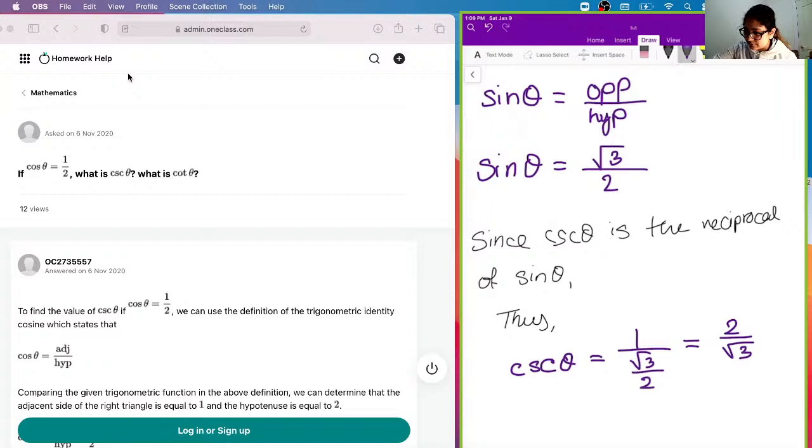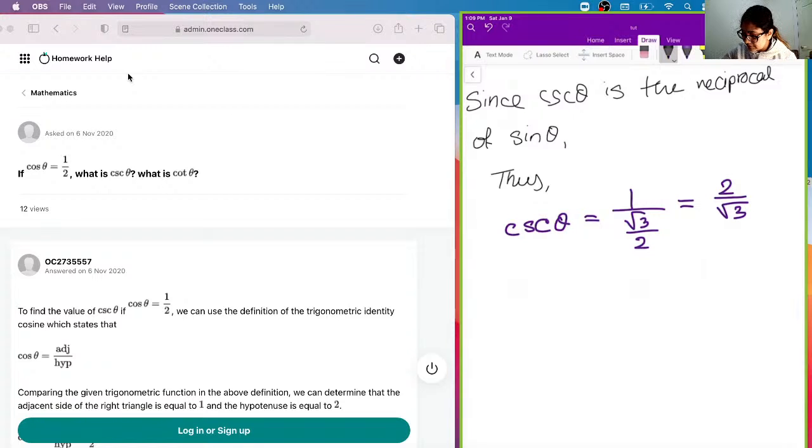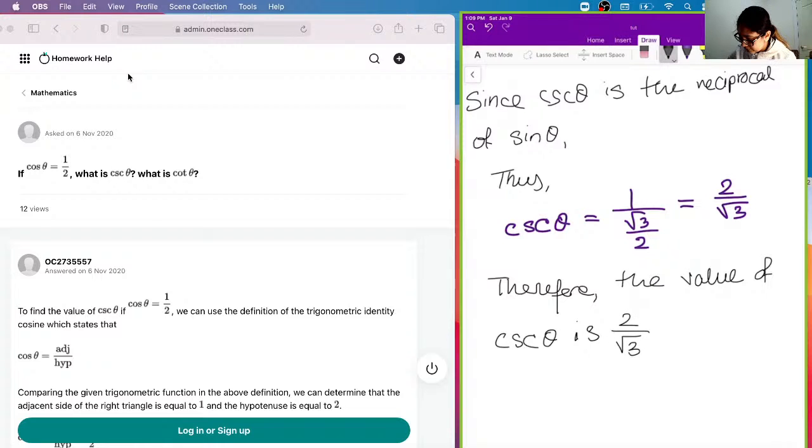Okay. And so therefore, the value of cosecant theta is 2 over root 3 when cos theta is equal to a half.